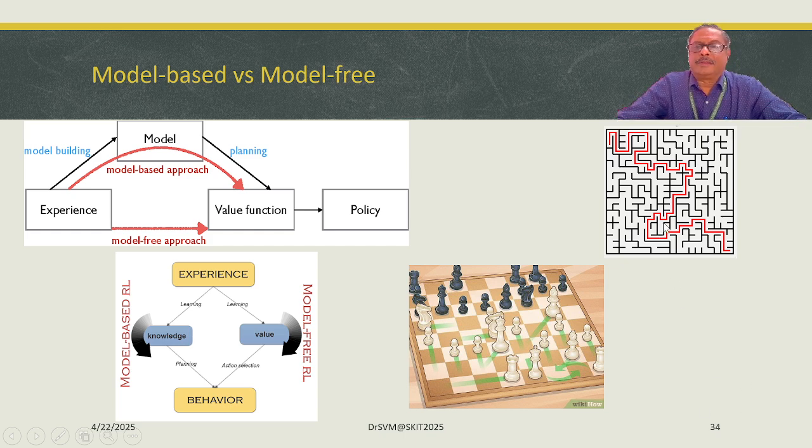So, take an example. In the case of a maze, the problem is an almost static version. There is somewhere we begin and there is somewhere we end, and we need to find the path from the start to the end. And once the problem is defined, the whole environment remains the same, and each time we are going to get the same route.